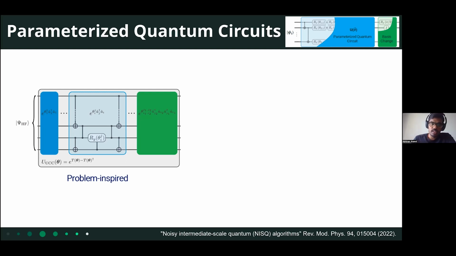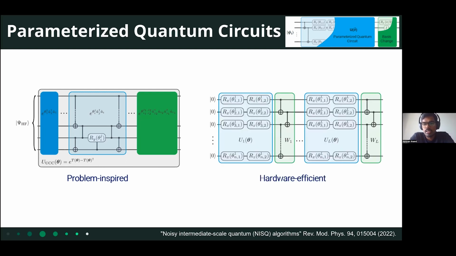So an alternative to this is what is known as the hardware efficient ansatz, where you try to build short circuits which are expressible. By that, what I mean is you try to build a short circuit that can approximate the solutions that you're after.